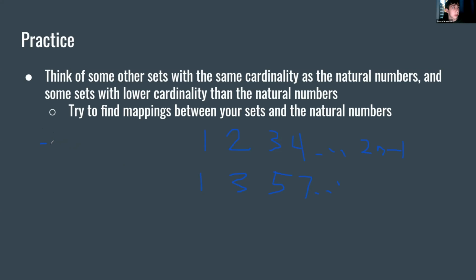Let's start with our even numbers, 2, 4, 6, 8, and so on. 1, 3, 5, 7, and so on. So what we can do is just take our even numbers, subtract 1. And since we've already shown that our even numbers are countably infinite, then we can use them to show that the odd numbers are countably infinite.